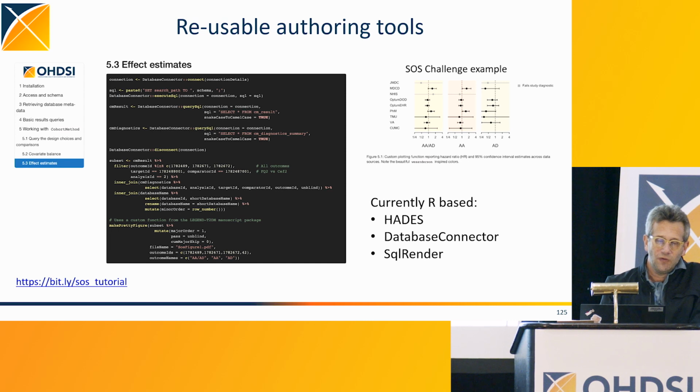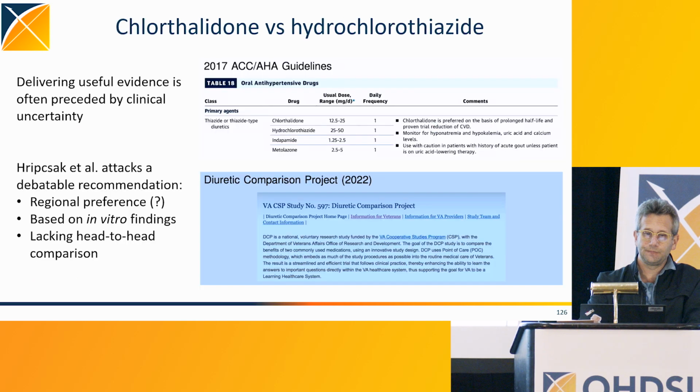So a good first step are these beginning tutorials that I've linked to here on how you access the results from a network study, and from that generate the tables and figures that help you tell the important clinical story, to deliver this evidence.